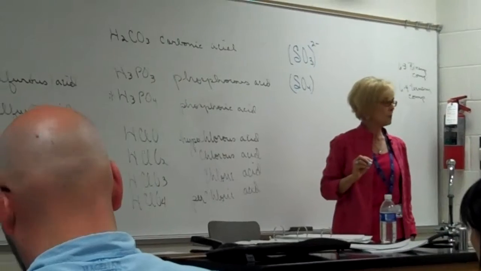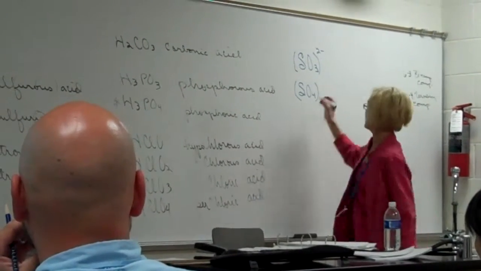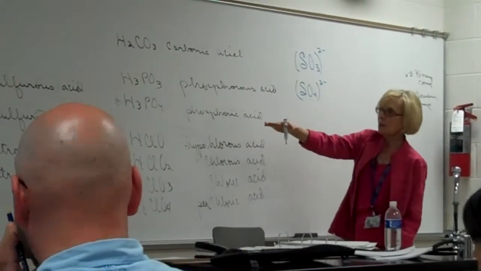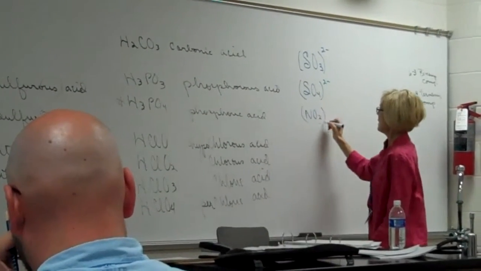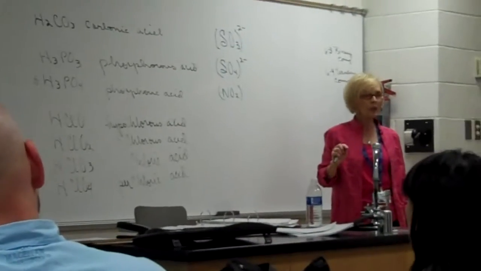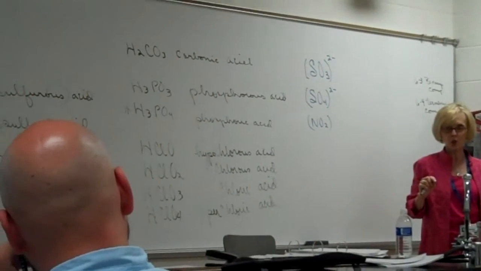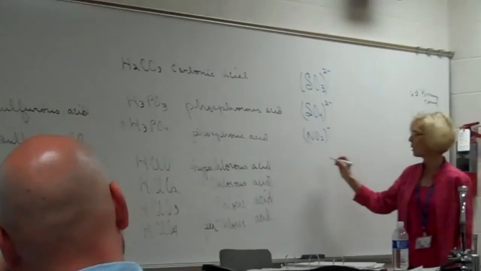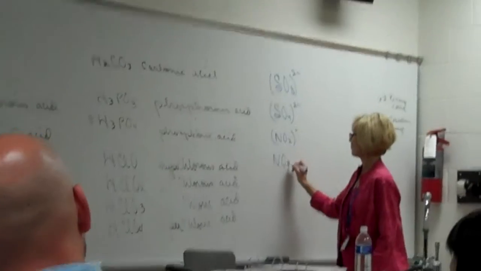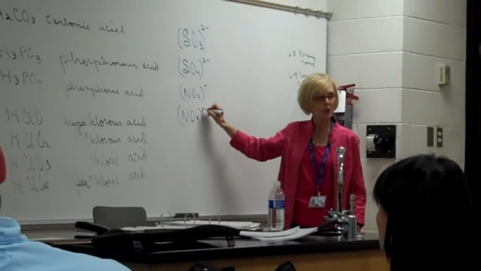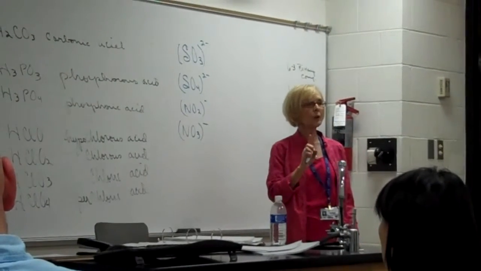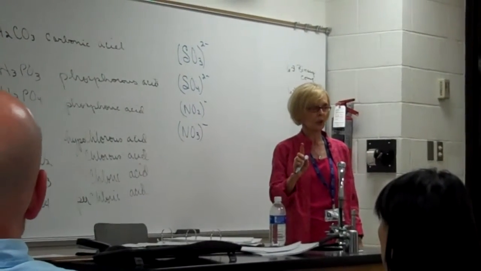Tell me what the charge would be. -2 again. Okay, I'm going to go to the next one. I'm going to take the 1 hydrogen away. So this polyatomic ion would be carrying what charge? -1, good. If I do the next one, I take the hydrogen away. What's the charge? -1. Does everybody see that?